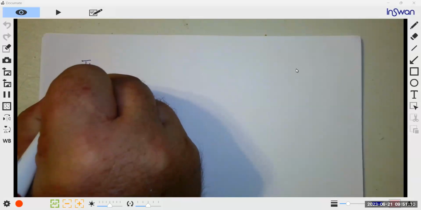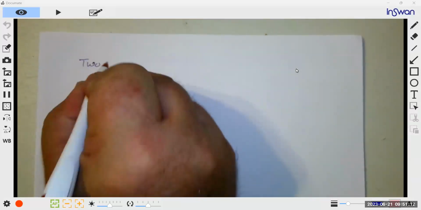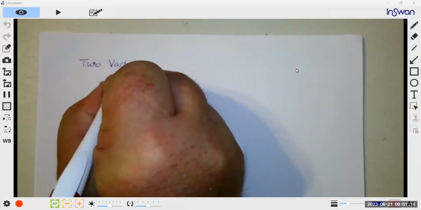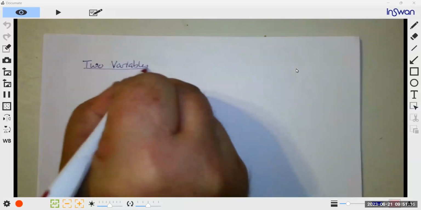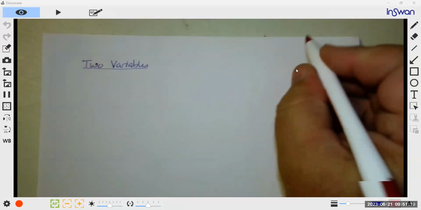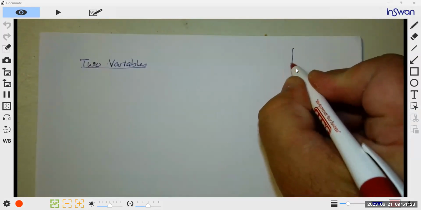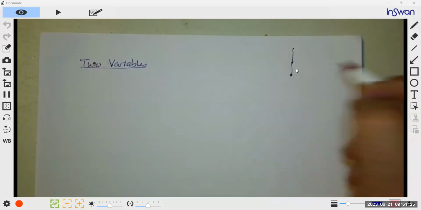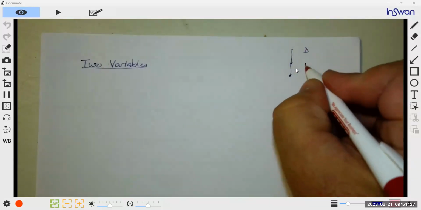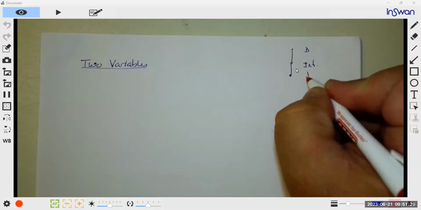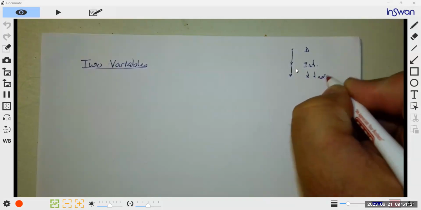Let's look at two variables. Remember our diagram earlier starts with our initial function, went to the intermediary, and went to independent. So dependent, intermediary, and then independent.